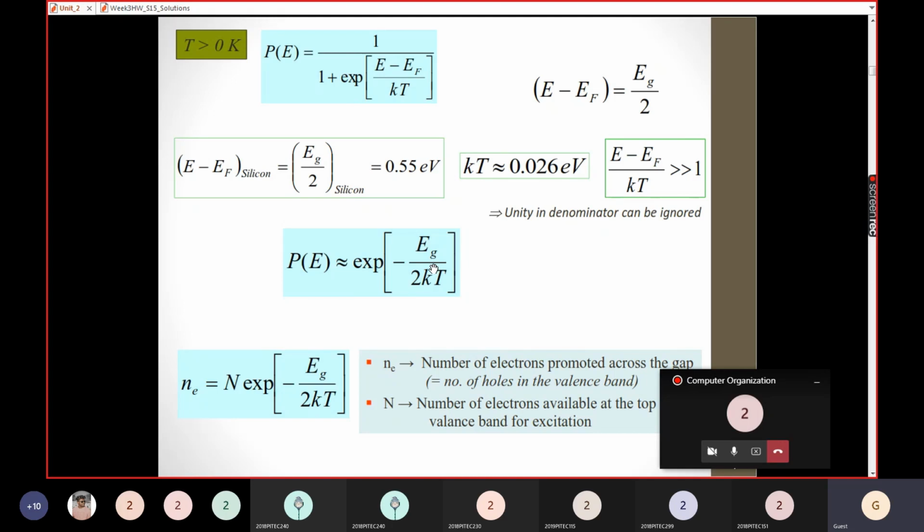So always the temperature should be greater than 0K, and the probability expansion, given by P of E, the expectation of probability for this particular temperature in the Fermi level, is 1 divided by 1 plus e power (E minus EF) divided by K into T. T represents the temperature. We all know EF is nothing but the Fermi level.